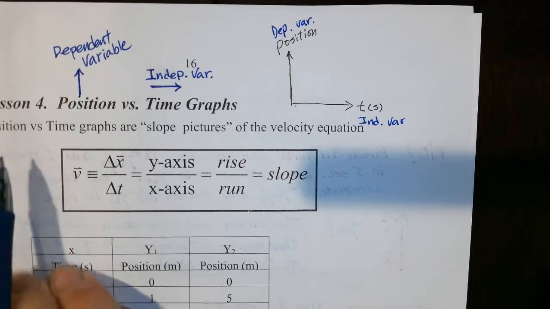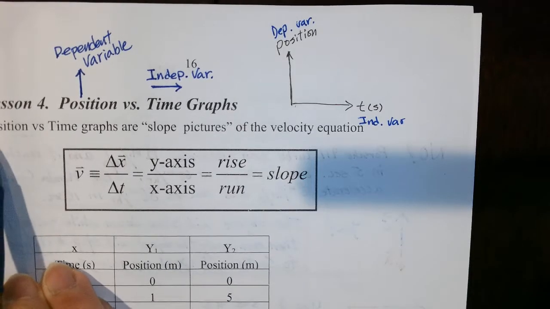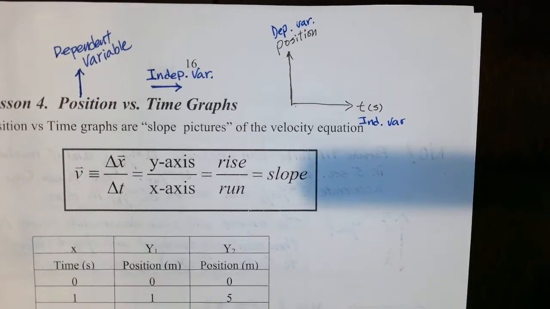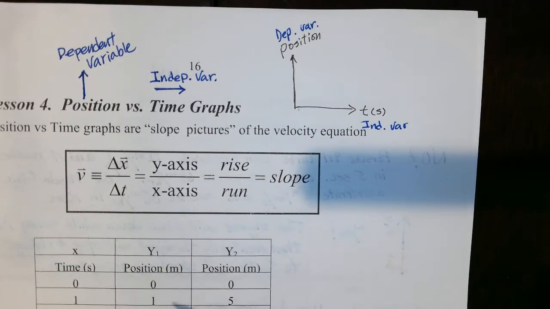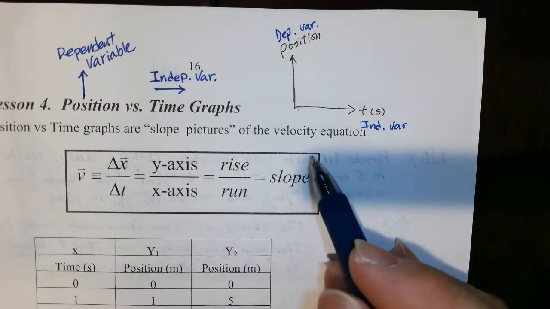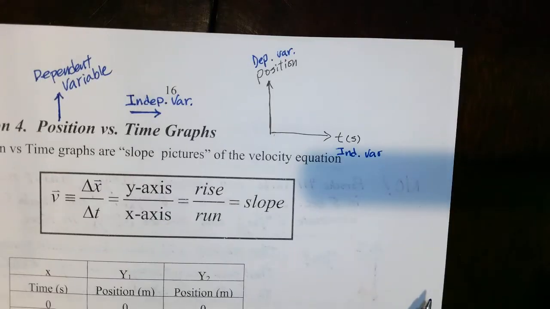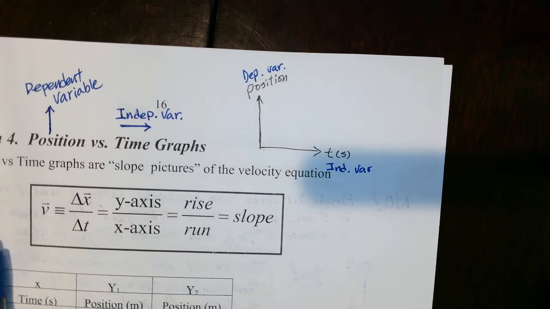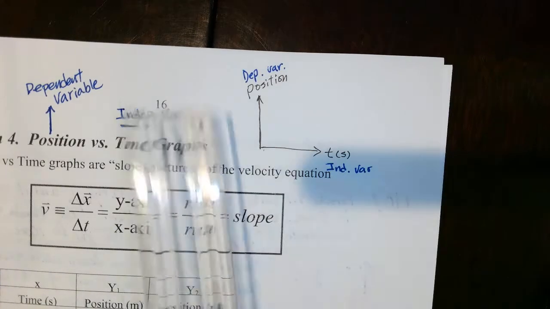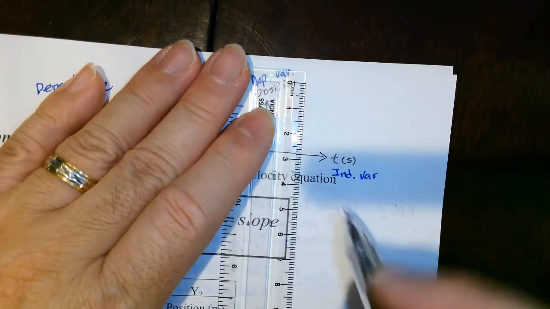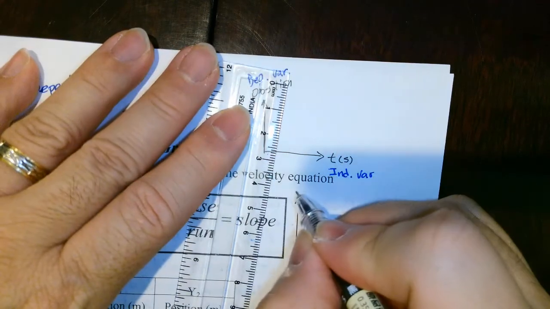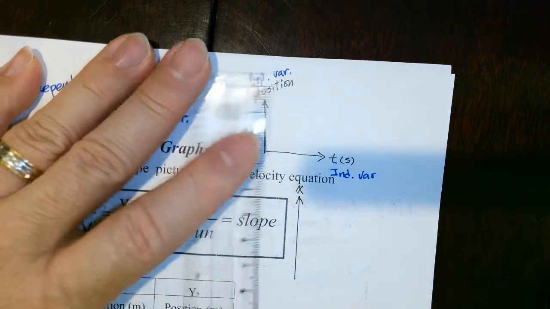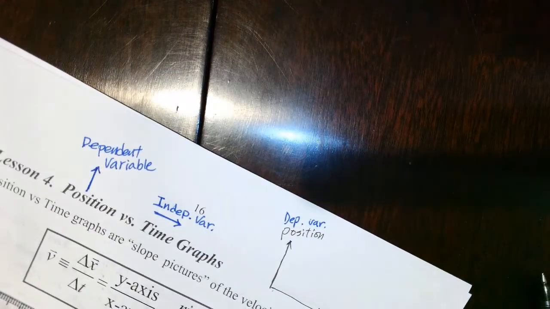So, let's represent the position versus time graph. And the slope of that represents the velocity equation. Well, how does that come about? Let's take a look. If I were to draw here, the position is represented by x, and here is time represented by t.